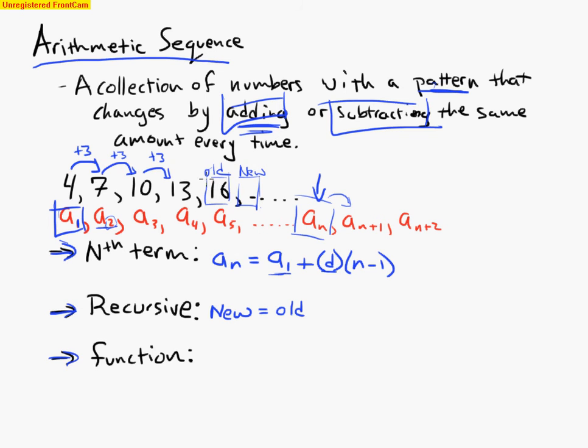So I need to take my old term plus 3. So plus my change, which is the d, the difference. So in notation, what we're actually going to write is we're going to have an+1 equals an plus my change.